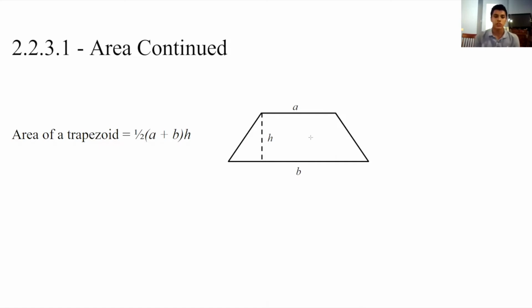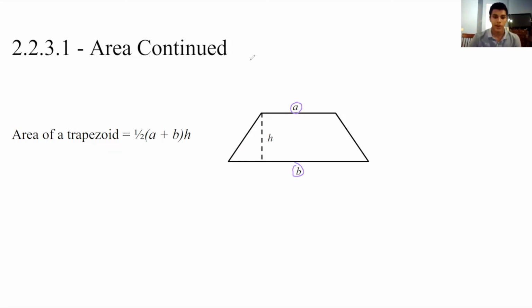So the area of a trapezoid is 1/2 (A plus B) times H. So this differs from the other area formulas that you have because now you have 2 bases that are different, A and B. These are both technically considered bases because you have one here, and they're both completely horizontal.